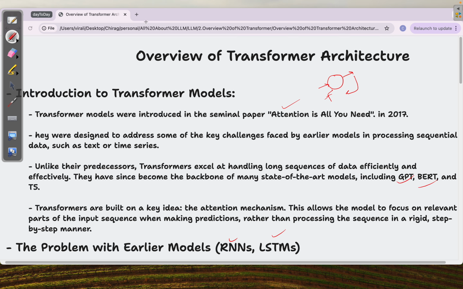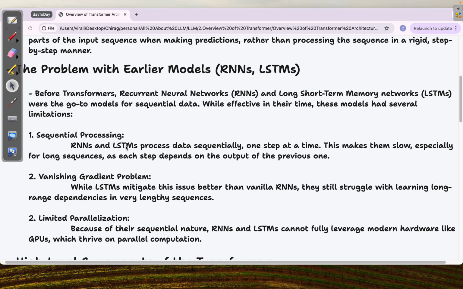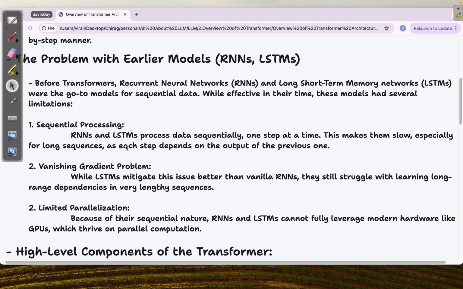Now let's see what the problems were with the earlier models. When I say earlier models, I'm talking about LSTM and RNN, because before the transformer, these were the models used for sequential or textual tasks.